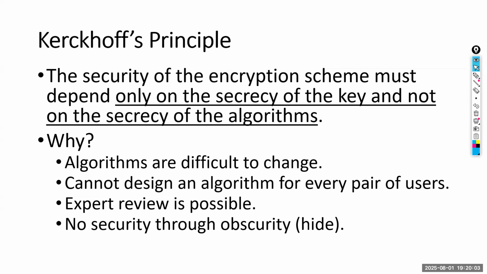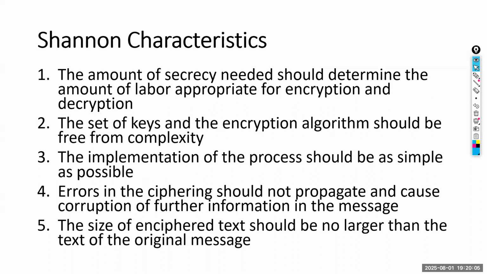So next we move on to Shannon's characteristics of good ciphers. Shannon came up with 5 characteristics of a good cipher. You need to remember these as well because they ask these in the exams. So what are those 5 characteristics Shannon proposed?